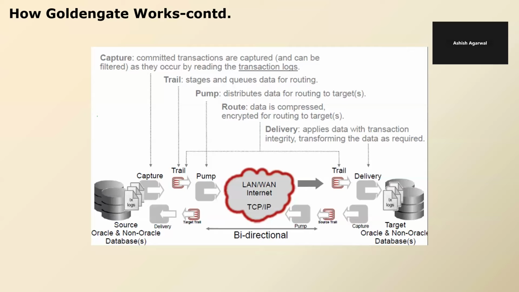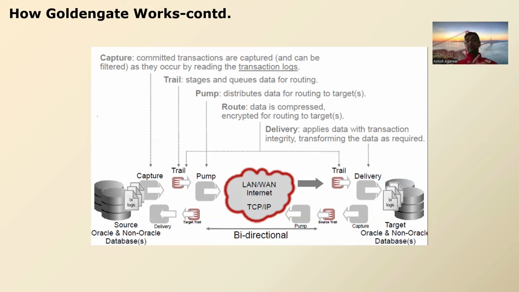And what is the target? The local trail file. What is the source of the pump process? The source of the pump process is the local trail and the target is the remote trail. What is the source of the replicate process? The source of the replicate process is the remote trail and the target is the target database. So each process in GoldenGate has a source to read from and a target to write to.